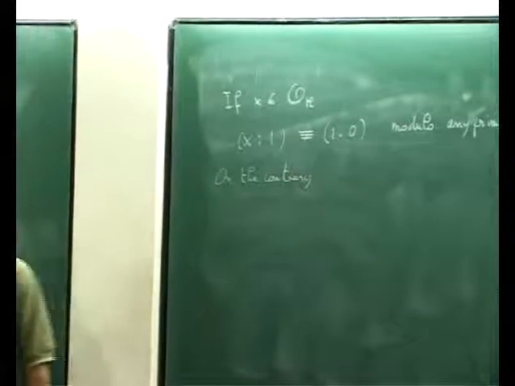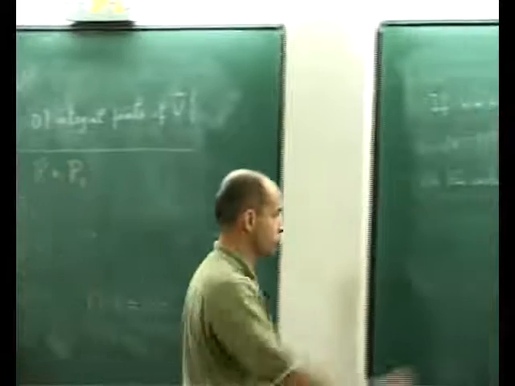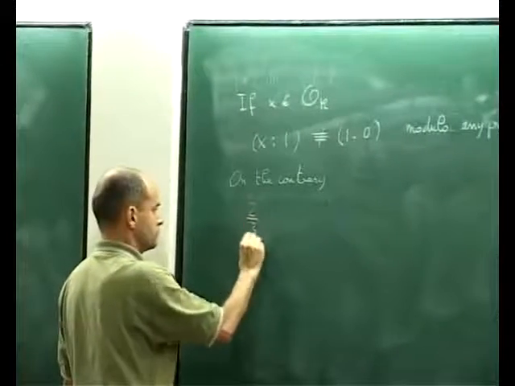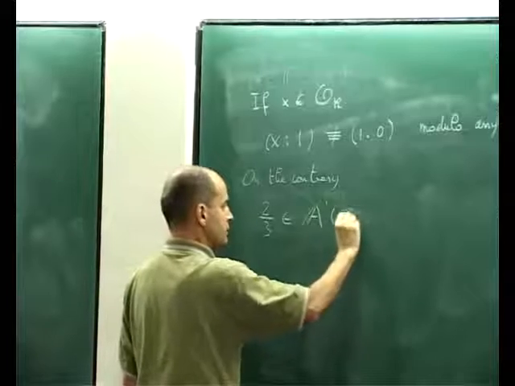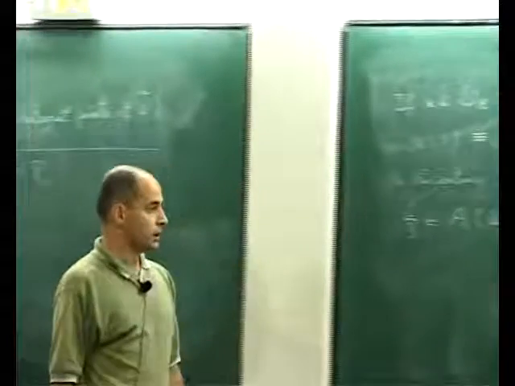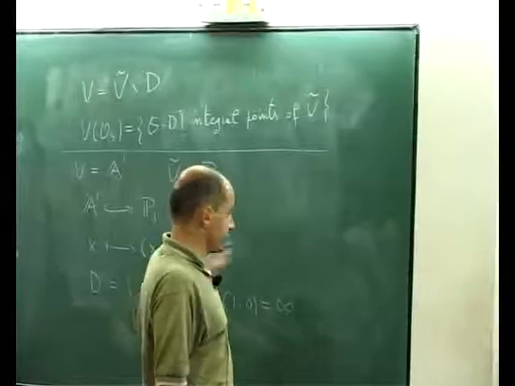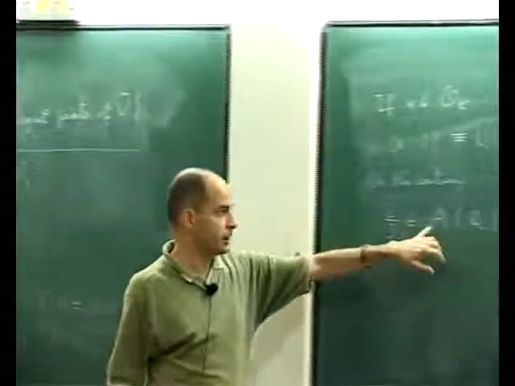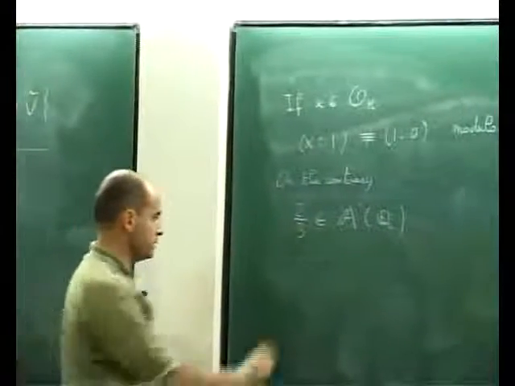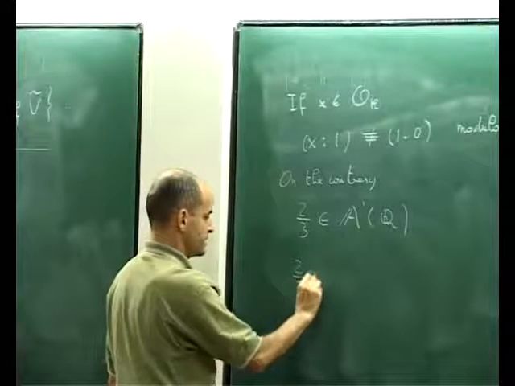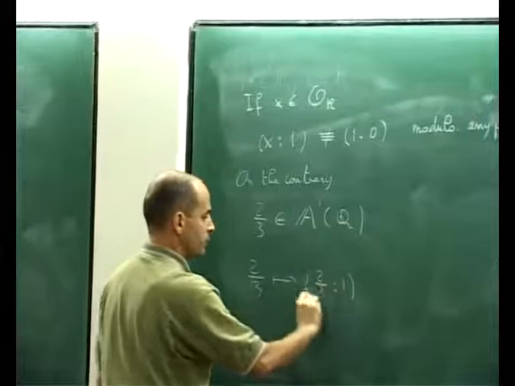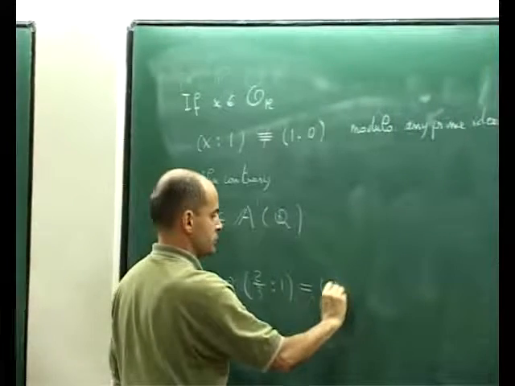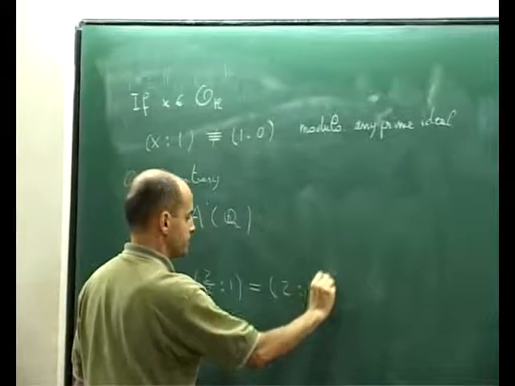On the contrary, take a rational number which is not an integer, for instance, 2/3. This is a point in A1(Q). It's not an integer. And if I embed A1 into P1, 2/3 is sent to (2/3, 1), which is the same as (2, 3).